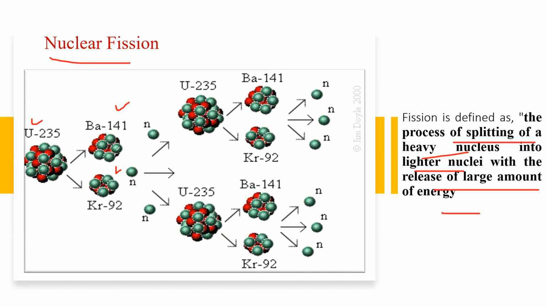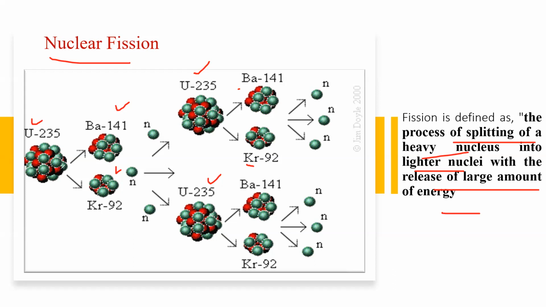After barium and krypton are produced along with some neutrons, these neutrons again split U235, and again the uranium is bombarded, and the same element is present again. This chain reaction continues through the bombardment of uranium with neutrons. This is how we perform nuclear fission reactions.